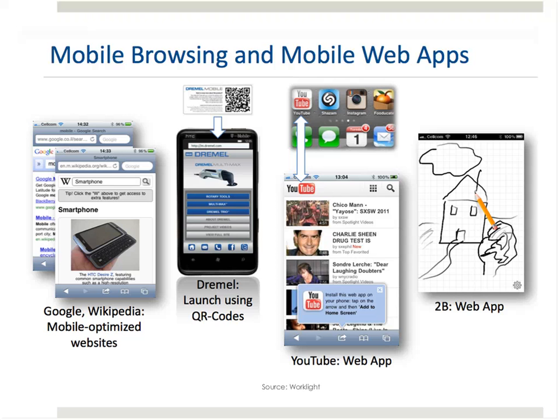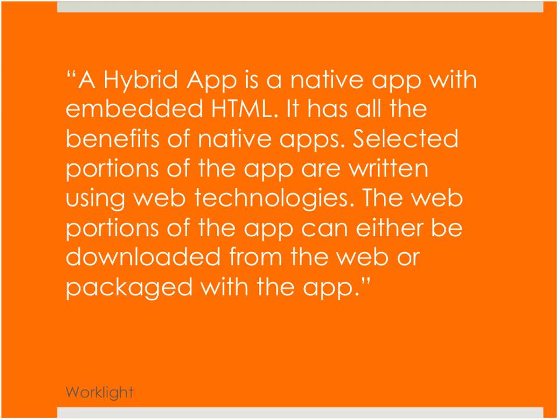So the YouTube app is a great example of it, where you basically log on and you go to YouTube, but it's a completely different way of using YouTube if you compare it to your desktop application or your desktop web browser. Now the third form is a hybrid app, and this is a combination of a native app and web technology.